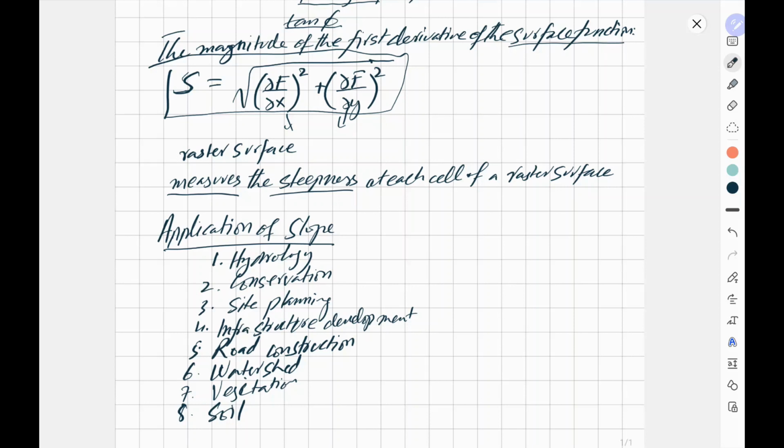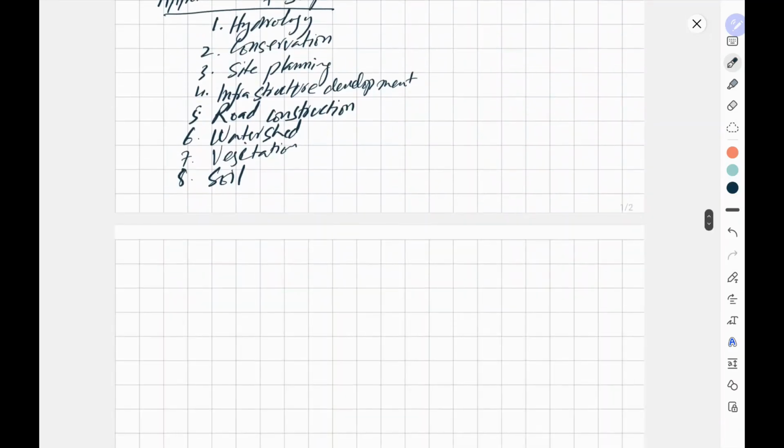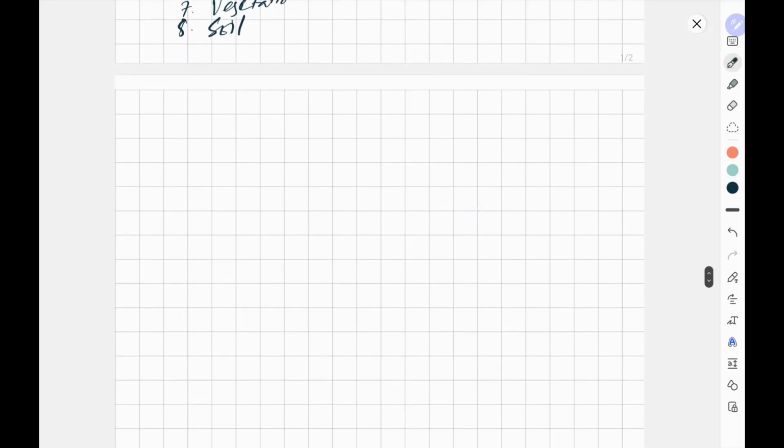Now let's talk about how the slope is measured, methods of measuring slope. So basically we have two methods for measuring slope.